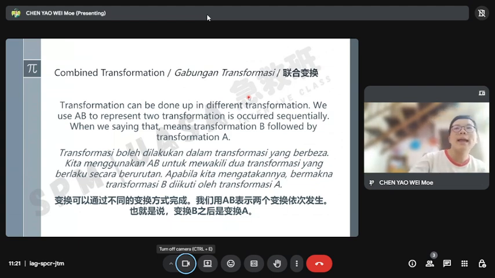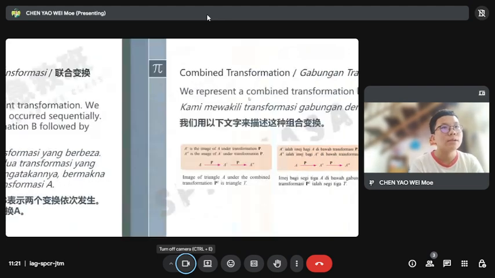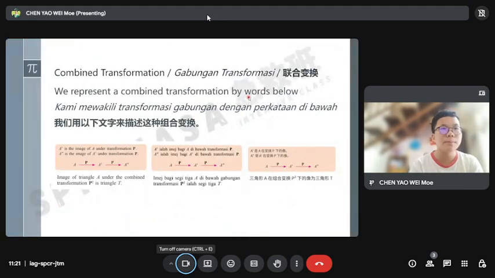And we can represent a combined transformation by the words below. This is one example: A to A prime means from object to image. We can say this is a transformation.